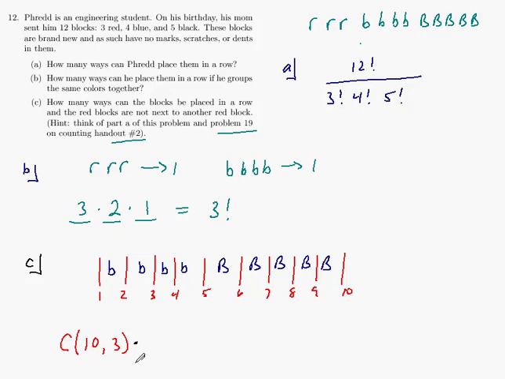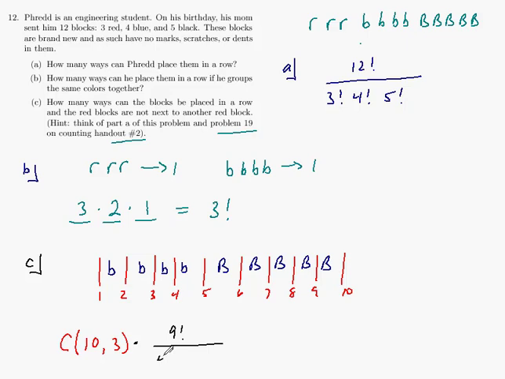Now the twist in this problem versus problem 19 out of counting handout number 2 is that we have the dividers in essence being blue and black. So now of the blue and the black blocks, how many ways can I put them in a row? Well, that's a distinct rearrangement. We notice there are 9 of those, so 9 factorial there.